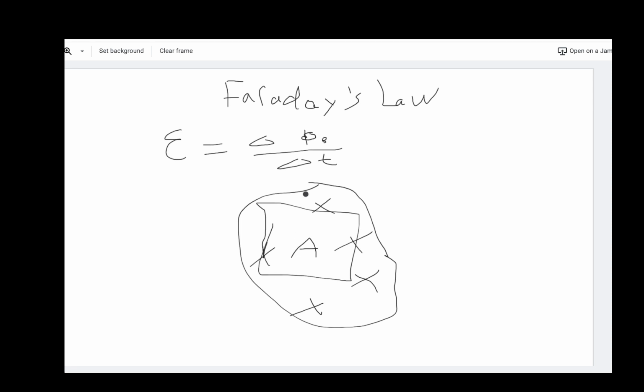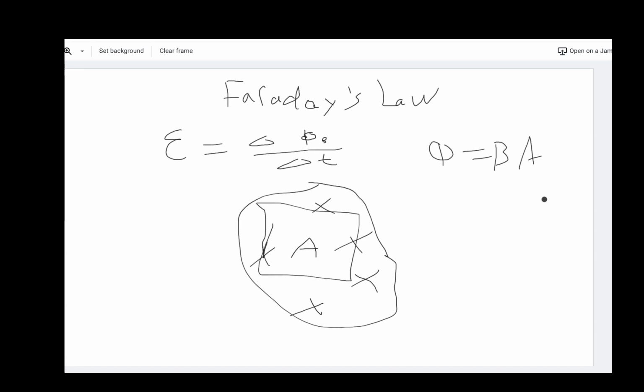So it's just the field times area. This is why we represent flux as BA, where B is always going to stand for the magnetic field, and area is represented by A.